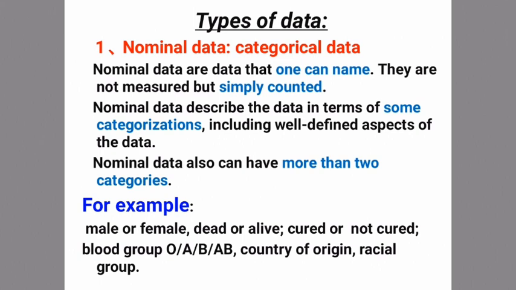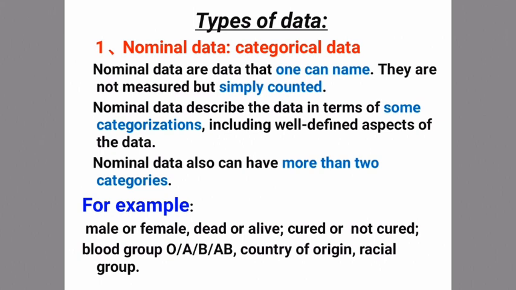We know gender has two categories, male or female. However, nominal data also can have more than two categories. For example, the blood type. We know blood type has four categories: type A, type B, type AB, and type O. For each student, you can choose one of those four blood types.